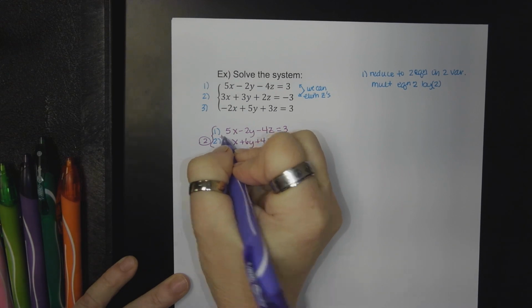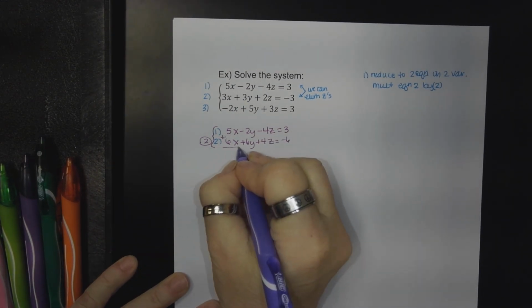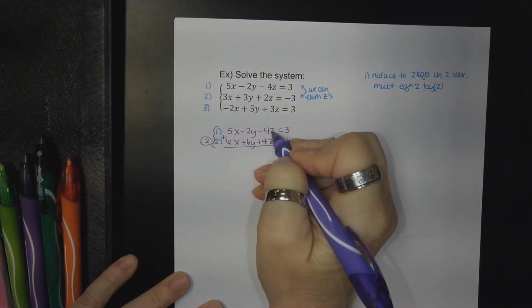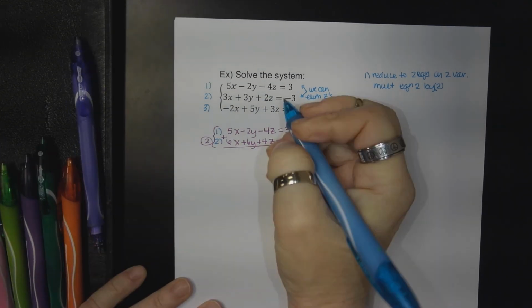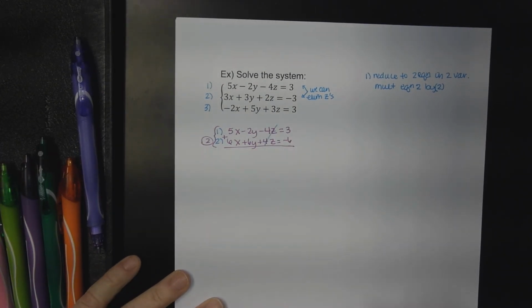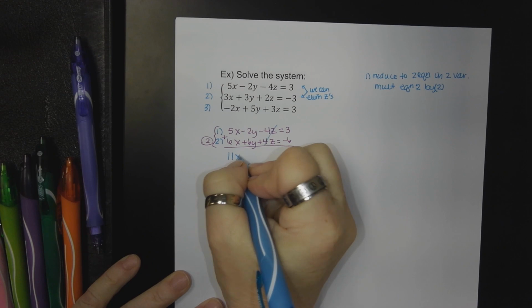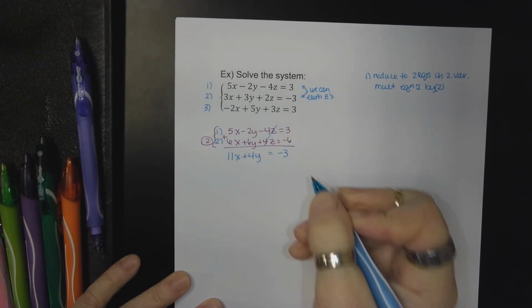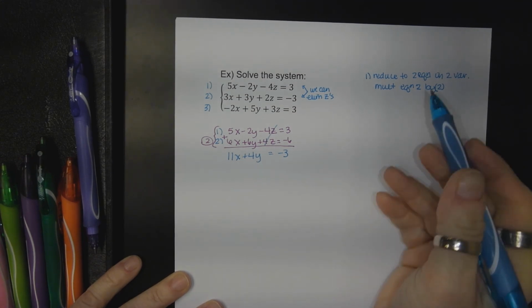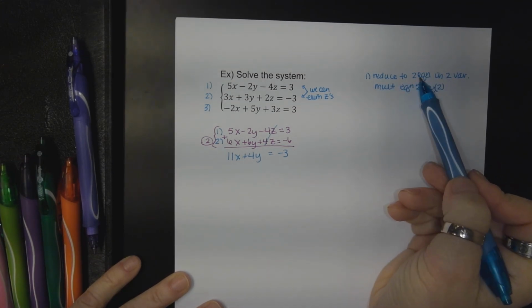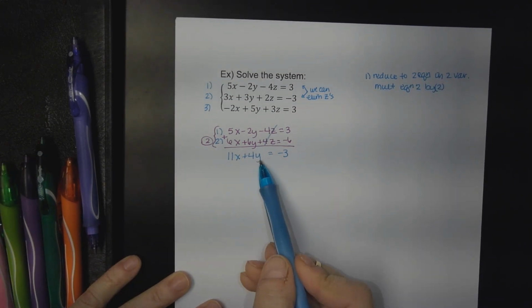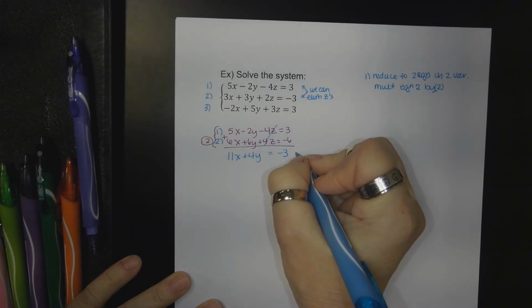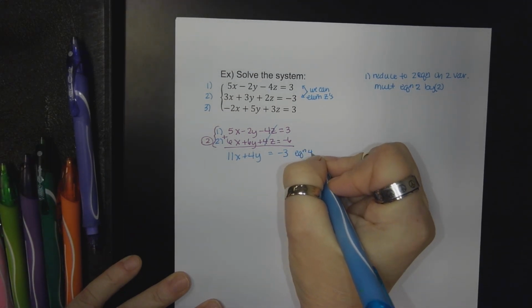We know that the operation is always addition, so now we can eliminate these, right? That gives us 11x plus 4y equals -3. So it says we're going to reduce to 2 equations and 2 variables. Now I have 2 variables, so I'm going to call this equation 4.